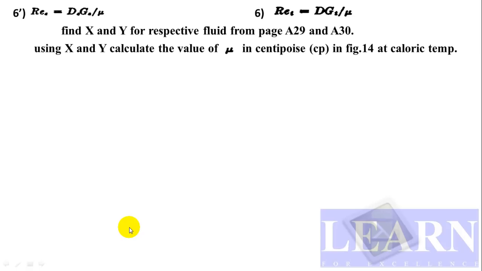Using X and Y, we can calculate the value of mu in centipoise, which is given in figure 14. After finding mu in centipoise from figure 14, we need to multiply it by 2.42, because it will be in centipoise and we need to convert it into SI unit. So the final value of mu is mu centipoise value into 2.42.